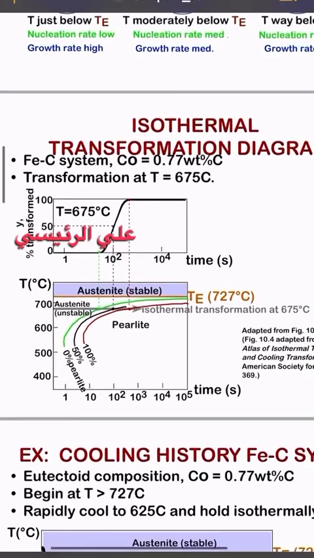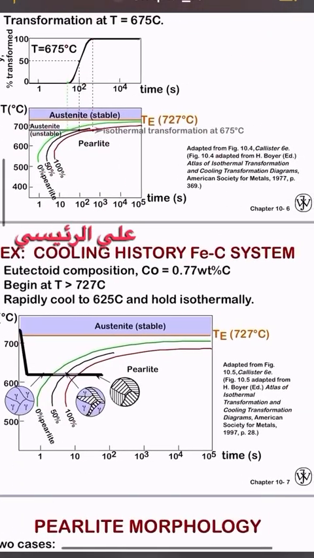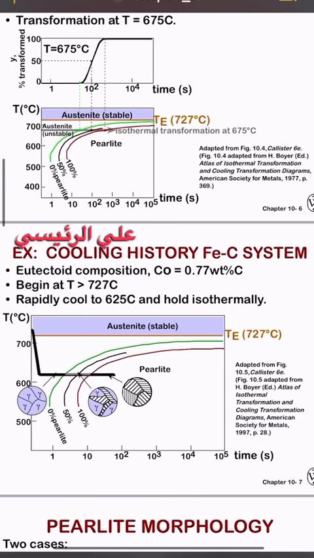Moving to slide 17, where we have an example of a cooling history of an iron-carbon system. The eutectoid composition C0 equals 0.77% carbon. It began at 727 and was rapidly cooled to 625 and held isothermally.